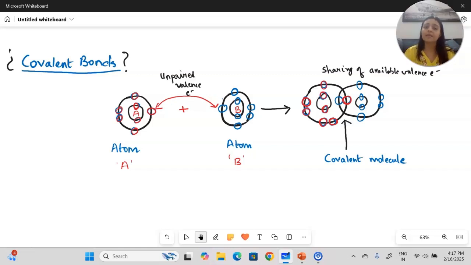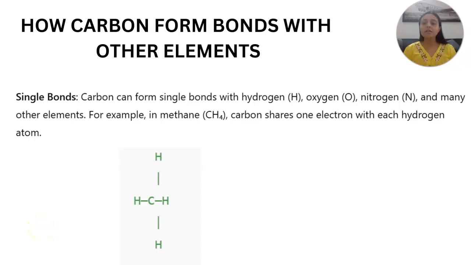That is why it makes covalent bonds more and more and then gets attached with the other atoms to form compounds. So in this way, we can say that carbon forms covalent bonds. As we have learned, the major property of carbon is that it is tetravalent. Now we are going to see how carbon forms covalent bonds with the other elements.